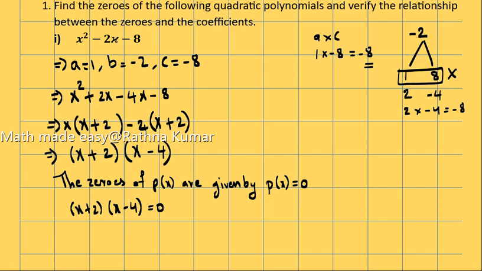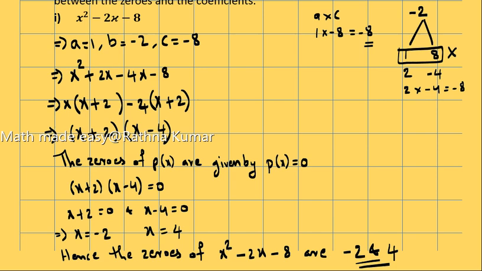If x plus 2 is equal to 0, that implies x is equal to minus 2, and if x minus 4 is equal to 0, x is equal to 4. So these are the zeros of our polynomial p of x, minus 2 and 4. Hence the zeros of x square minus 2x minus 8 are minus 2 and 4.